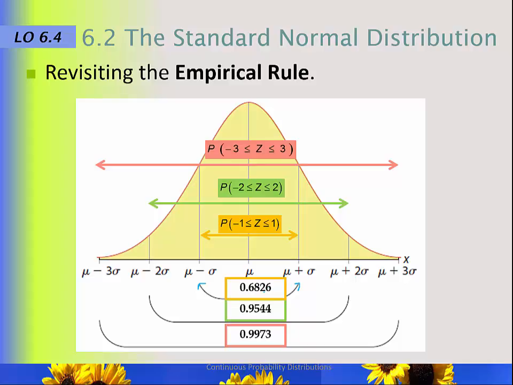It's the most common. So 34% here and 34% here. So we know we've got 34% on either side of this.